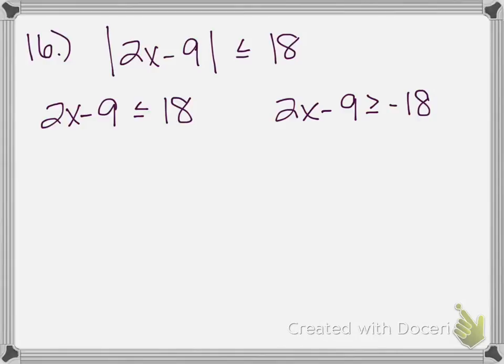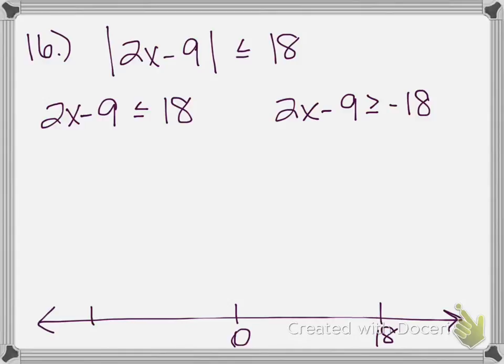Because of the absolute value. If you think about absolute value and the number line, let's say just the absolute value is less than or equal to 18. I'll sketch a number line towards the bottom here. I can always erase it later. Let's say I have 0 in the middle, and I've got 18 and negative 18.